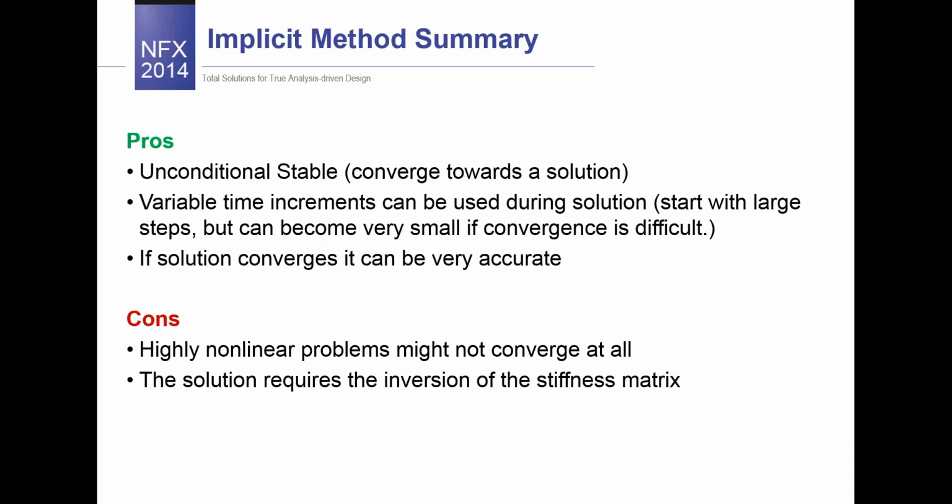So now let's summarize the implicit method in terms of practical usage. First of all, the implicit method, as we know, is unconditionally stable. We can use a variable time step during the analysis, and as additional information, midas and fx has an auto step option, which is very useful to control the time step automatically.